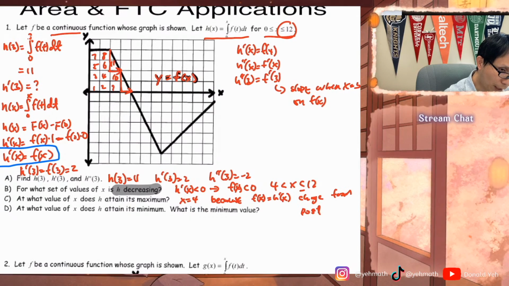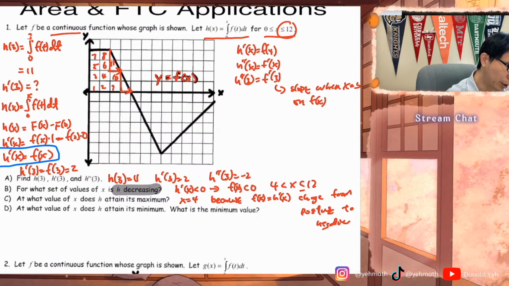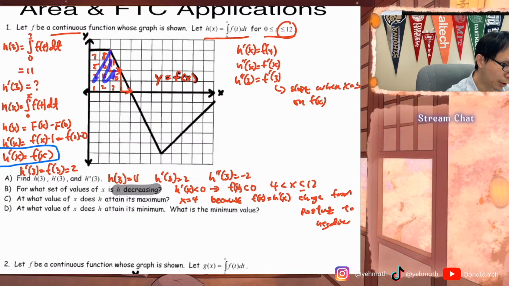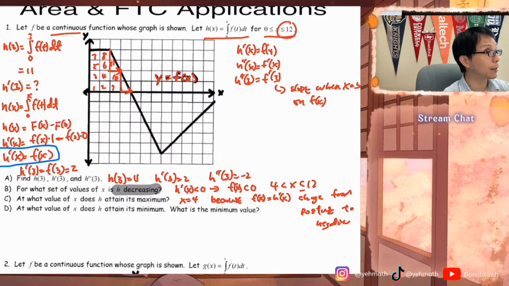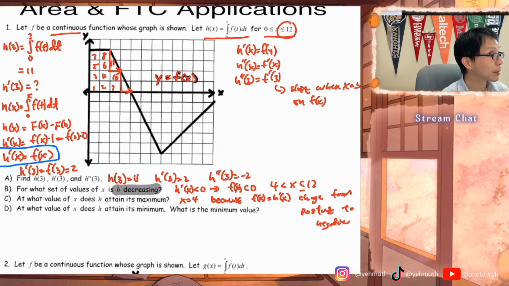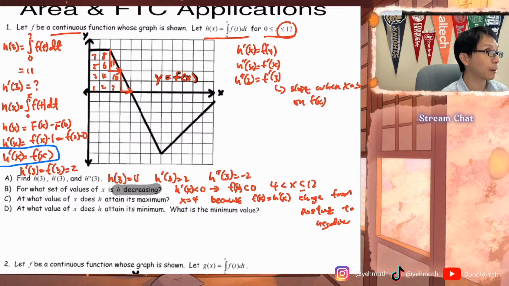If I want to justify it to get a point, positive to negative. This is what we did before. They're still increasing, and at this point start going down because that's where the 0 is of the h prime of x, which is the critical value, where f of x equals 0.